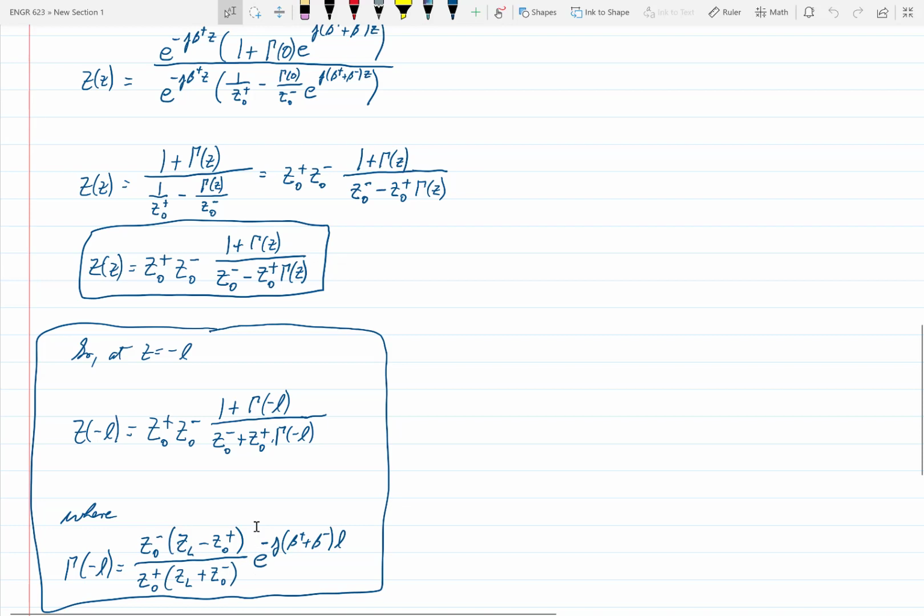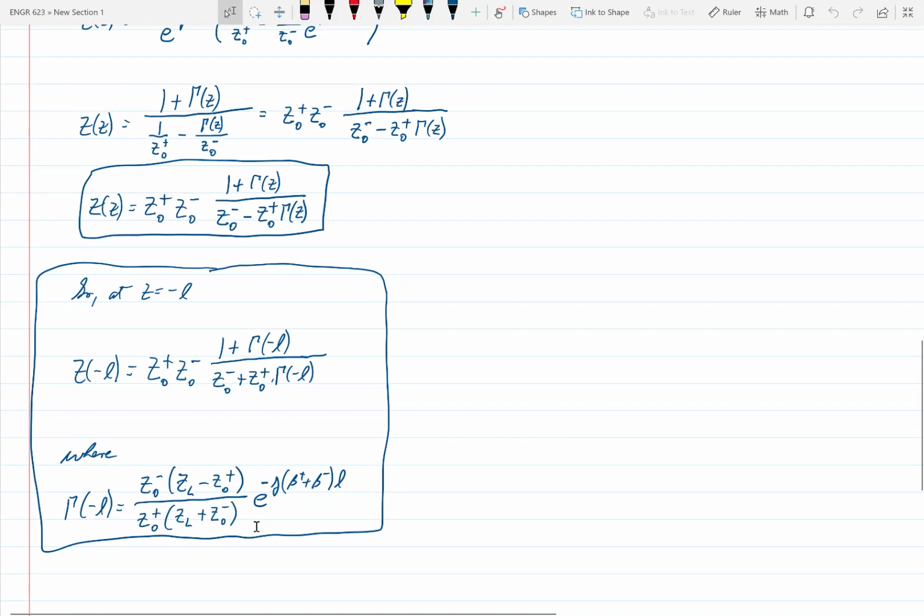But I would not expect you at this point to go ahead and make the substitution and try to completely simplify this, because that would be quite a bit of work, and I don't think that that's really the point of this kind of problem.